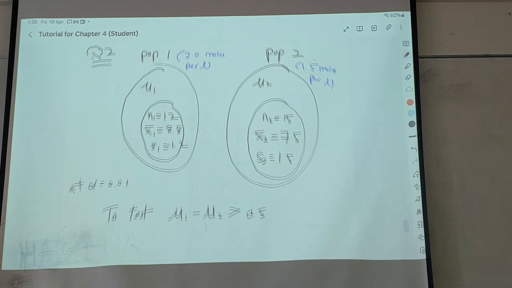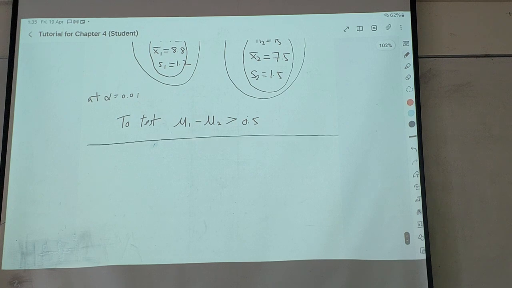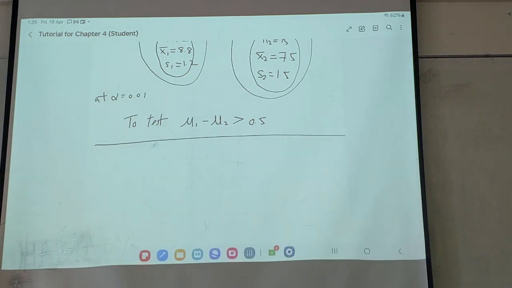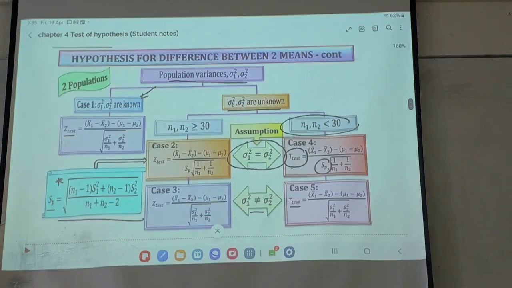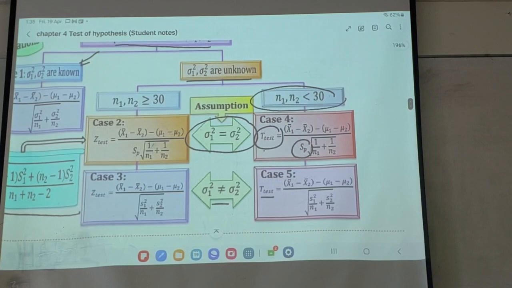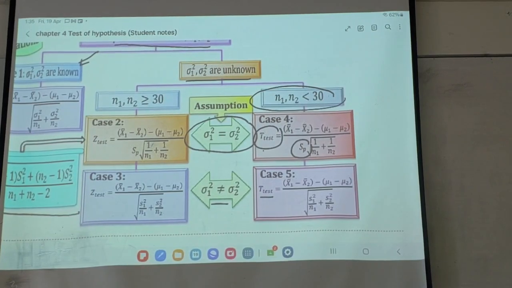Alright, so now the test statistic. Based on the information given from this question, we know that we have to use t-test, because they assume the population standard deviations are the same. Hence, this belongs to, I show you the equation again, case 4, t-test.